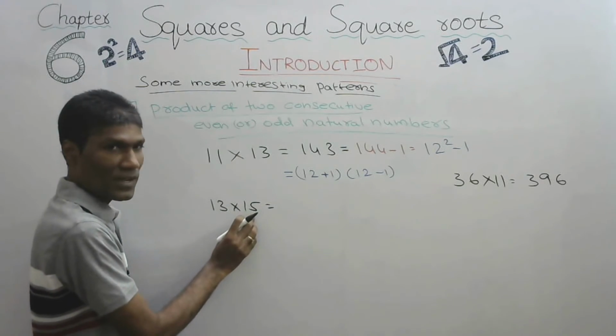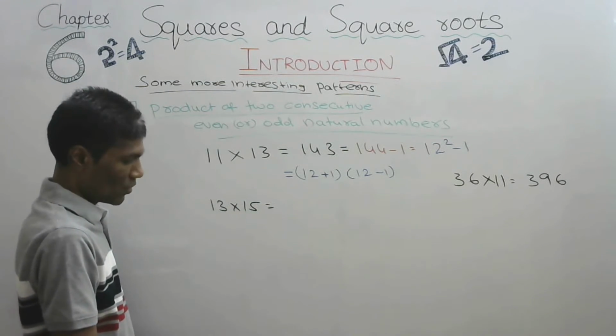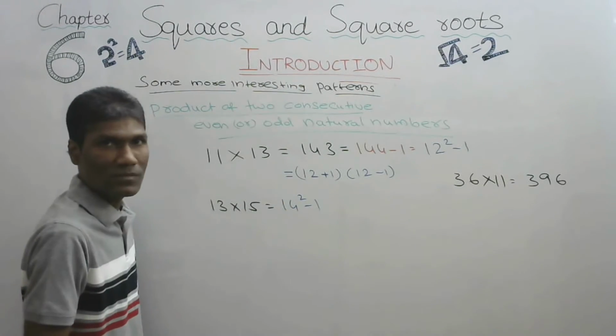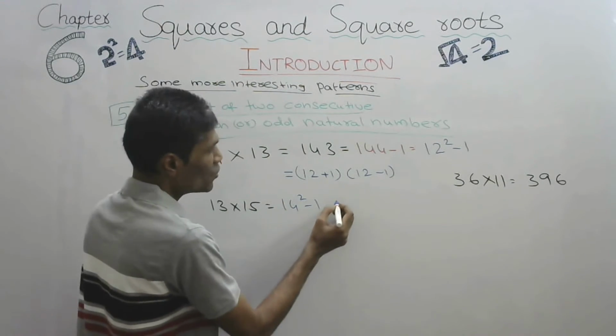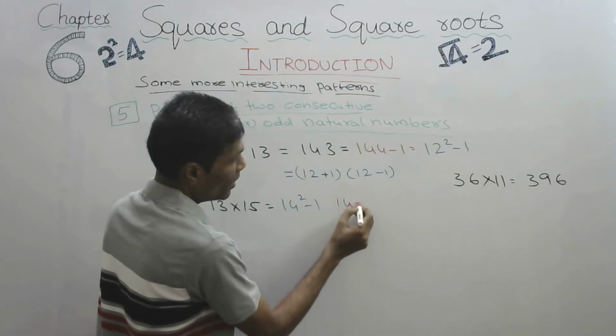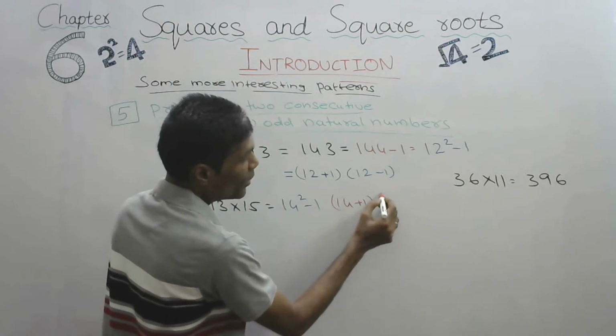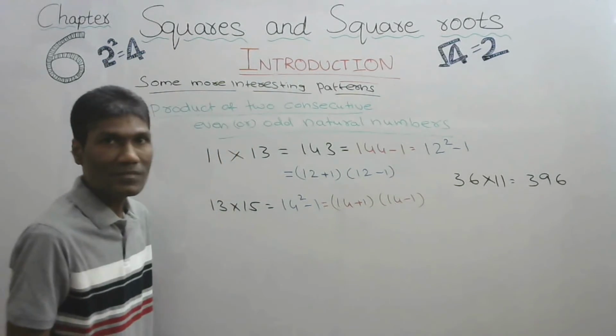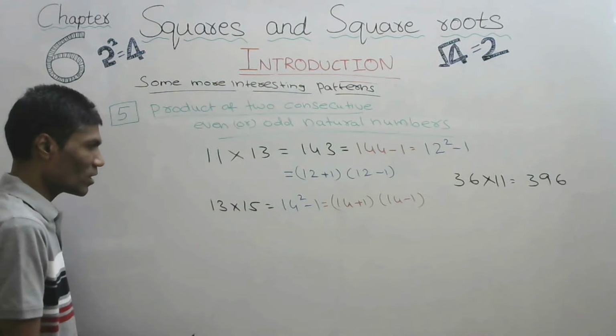Similarly 13 into 15 can be written as 14 square minus 1, or also as 14 plus 1 into 14 minus 1. Okay, next one more.